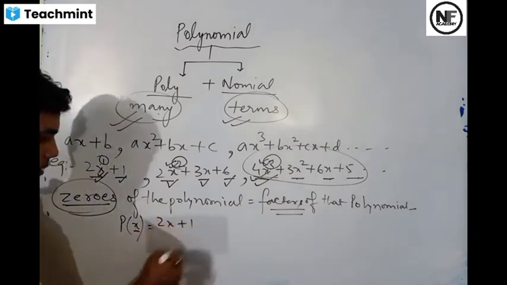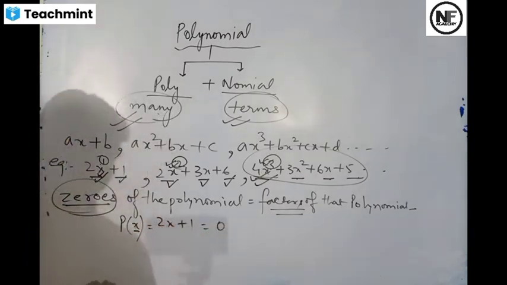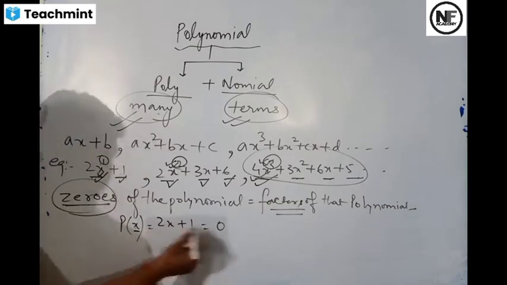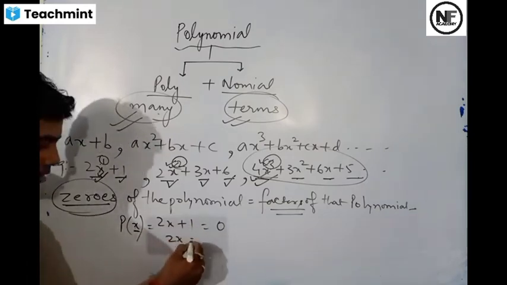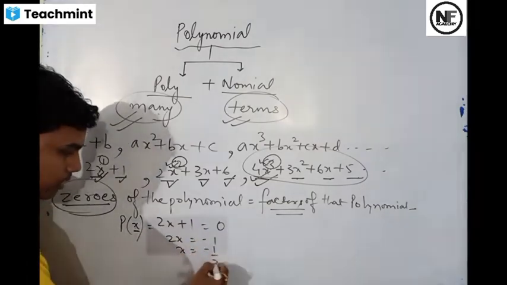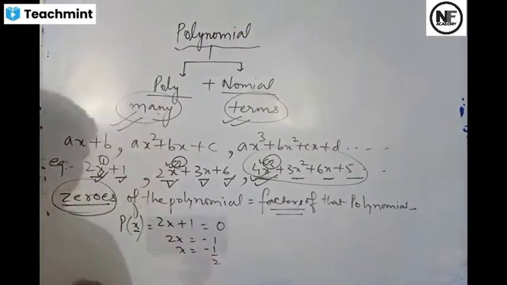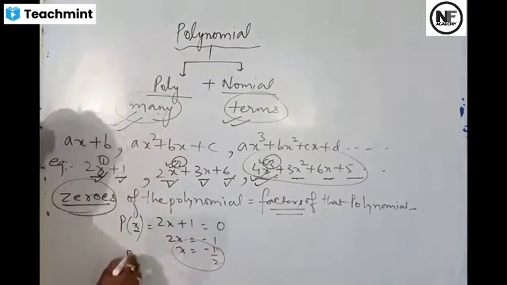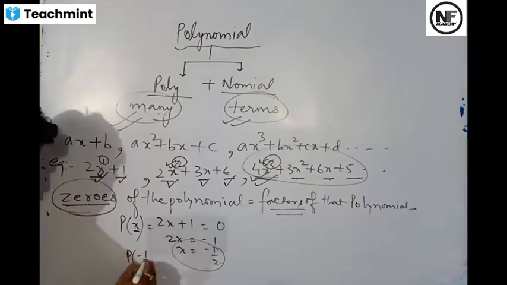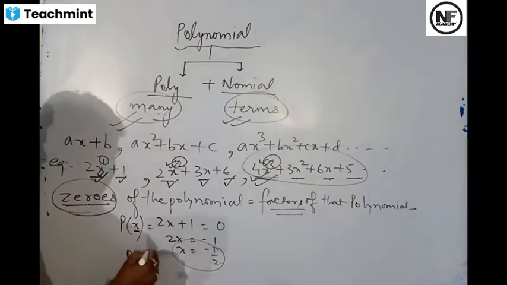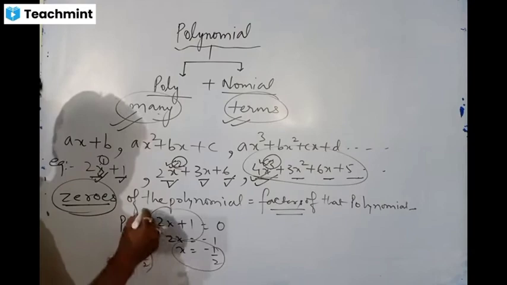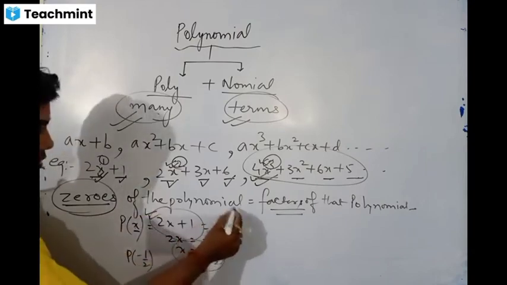So 2x plus 1 is equal to 0. When we solve this equation, it will be 2x equal to minus 1, and x equal to minus 1 by 2. Okay. So when we put this value, minus 1 by 2, in this expression, it must be equal to 0.